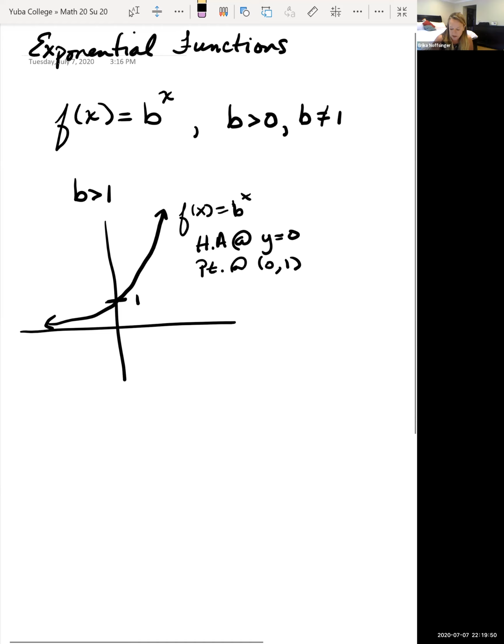This graph is strictly increasing. So we talked about when graphs are increasing and decreasing, looking at this graph, if you're moving left to right, it's going upwards. That's the informal definition. So the graph is strictly increasing.